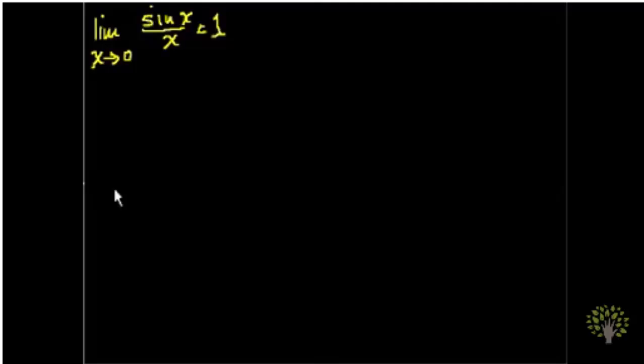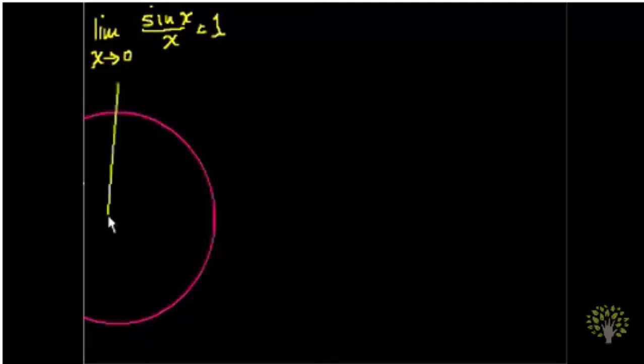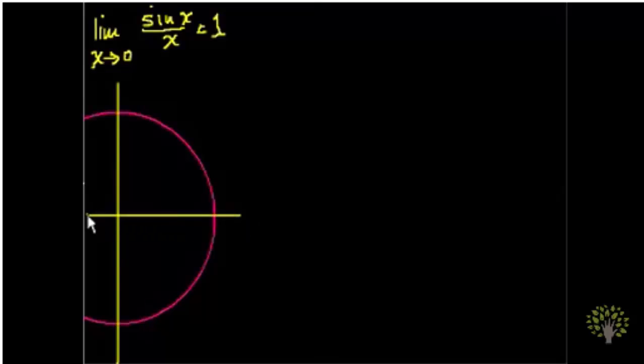I'll do that in magenta. Let's see. So let me see if I can. I should draw it pretty big. Let me see. I should draw it like quite big. Let me see. I'll draw it like that. It's close enough. And then let me draw the axes. So this is the x-axis, would look something like that. Sorry, that's the y-axis. There you go. And then the x-axis, something like that. That's our unit circle. There you go. Now let me draw a couple of other things.